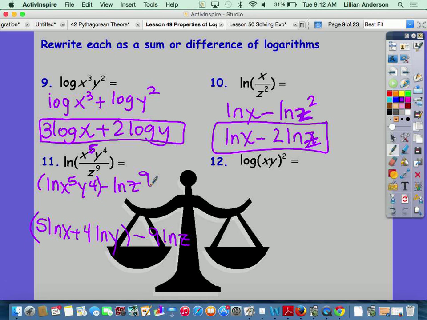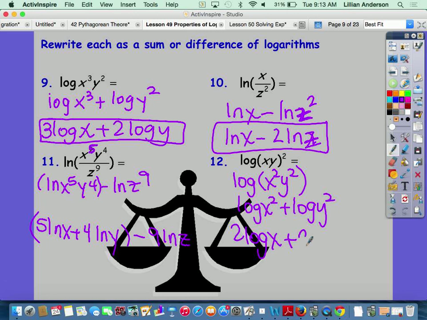Not quite, Sam. 2 log x plus 2 log y? Yeah. It'll be 2 log x plus 2 log y because that square is going to be distributed to each of them. And so then you would separate them: 2 log x plus 2 log y.